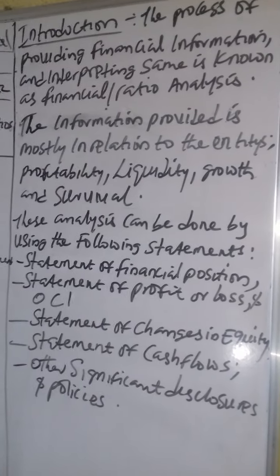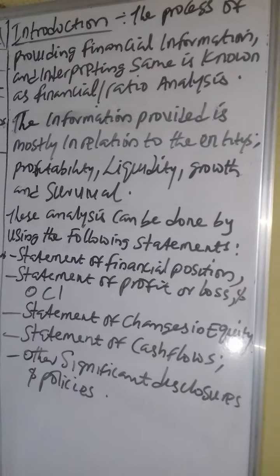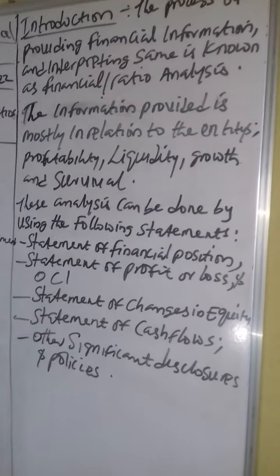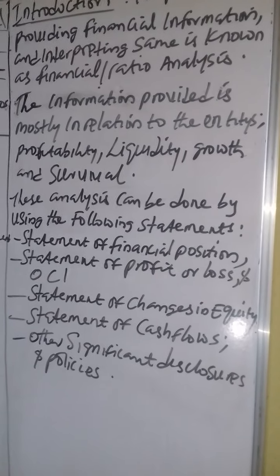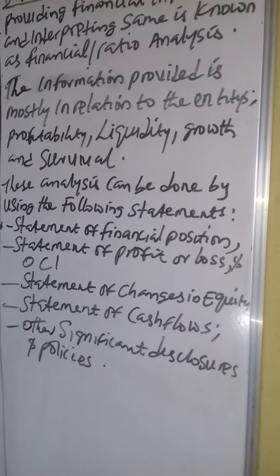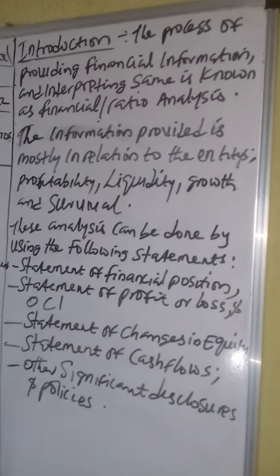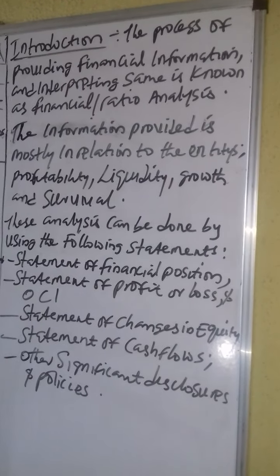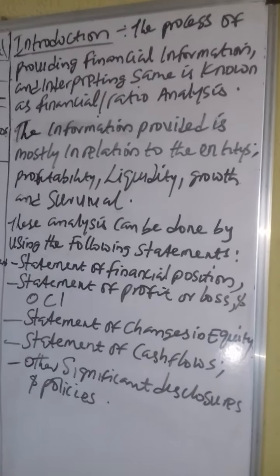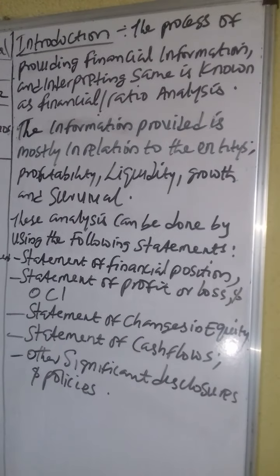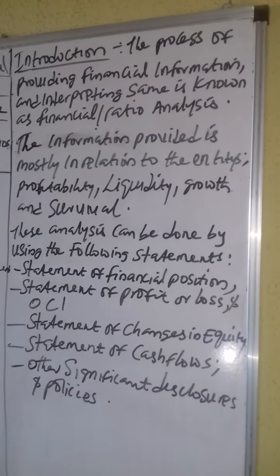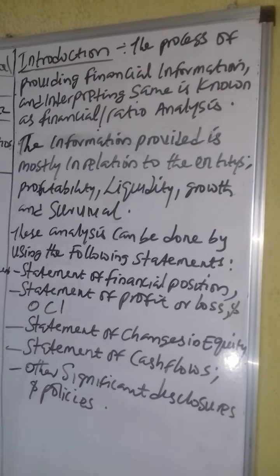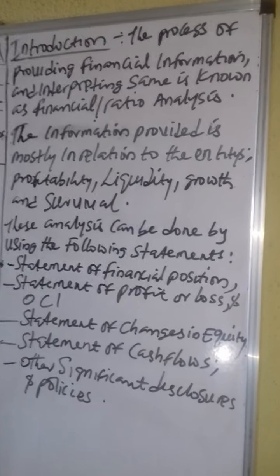The analysis also uses the statement of financial position, statement of profit or loss, statement of changes in equity, cash flows, and all the disclosures. When you are preparing ratio analysis, the major source documents are the financial statements, as in IAS 1, IAS 7, and other disclosures relating to the accounting policies of an entity.